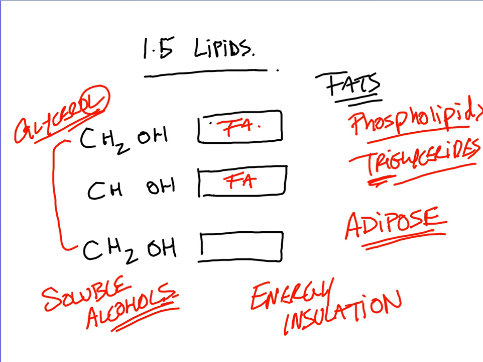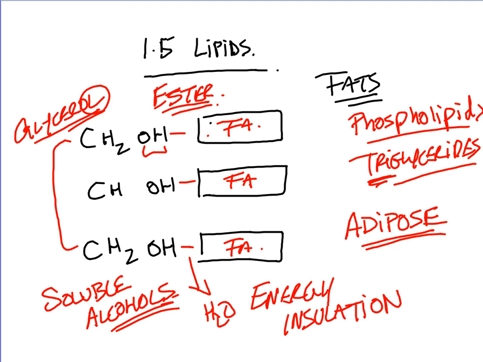There's fatty acid 1, fatty acid 2. The link that joins them is called an ester link, an ester bond. The OH on the glycerol and an OH on the fatty acid form a molecule of water in a condensation reaction.